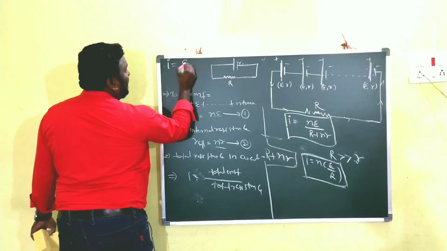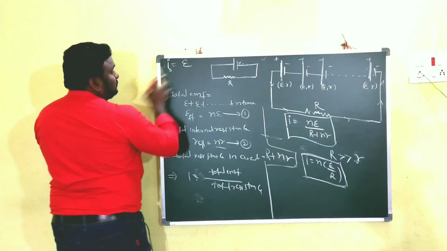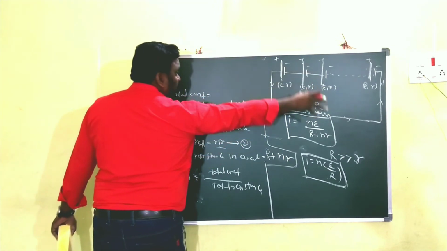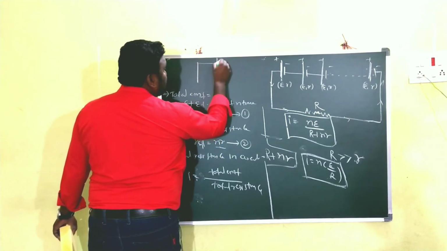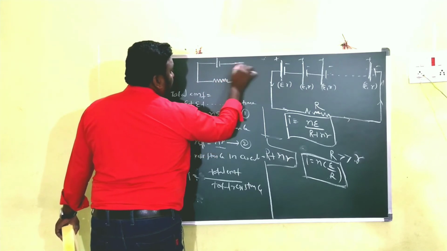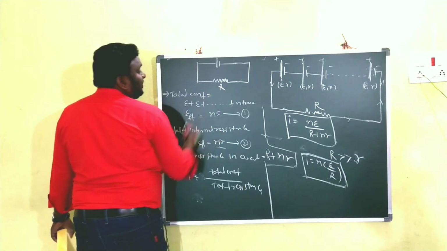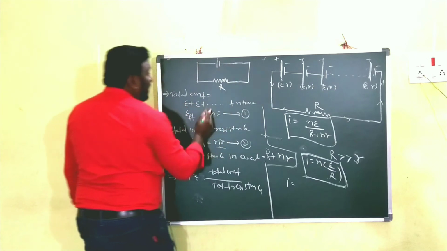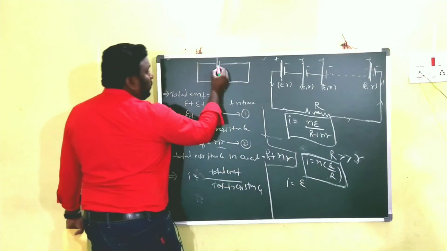Children, no need to confuse. For example, consider only one cell, and it is given some external resistance R. So this is the R here. Then we can write current is equals to total EMF by total resistance. EMF is epsilon, only one cell.